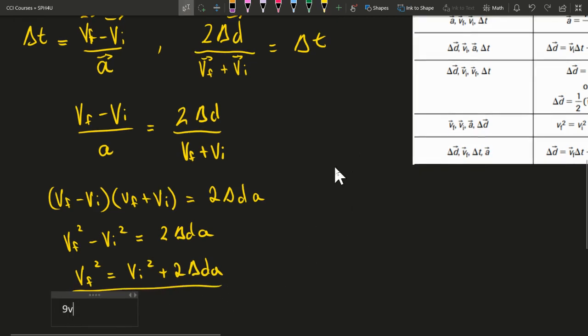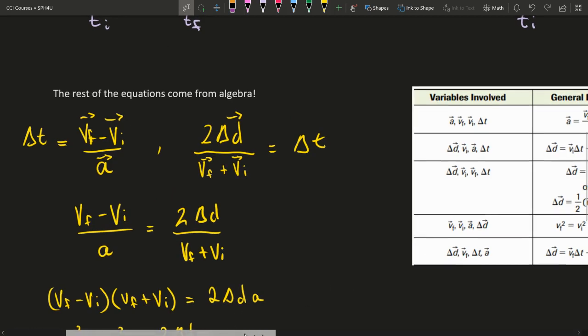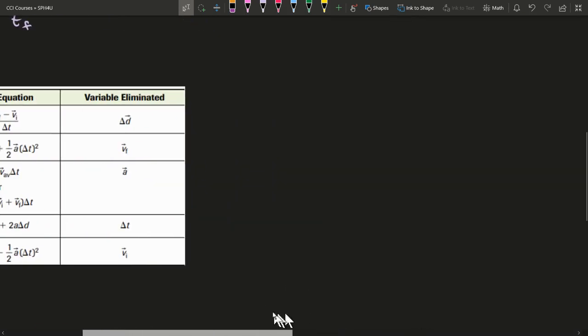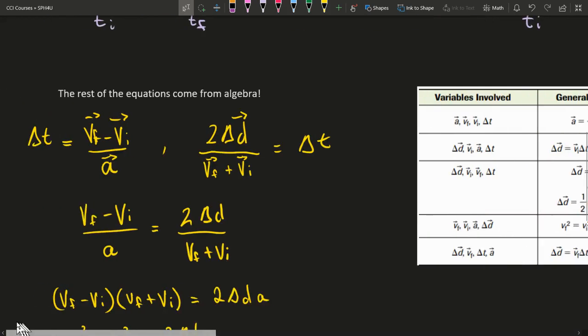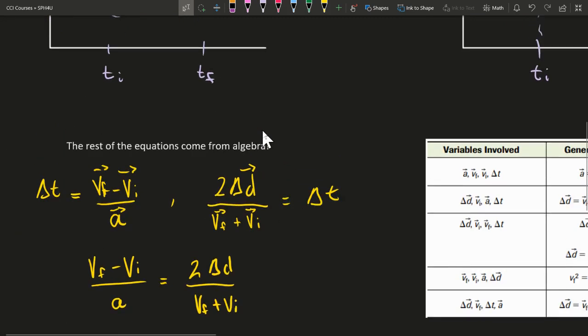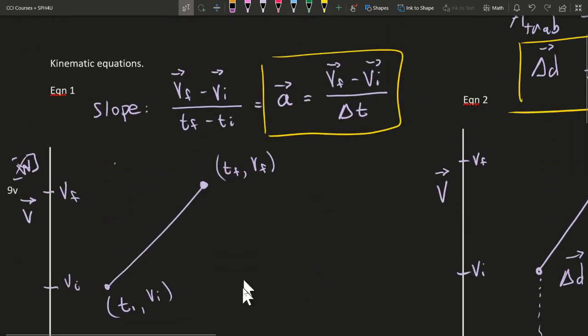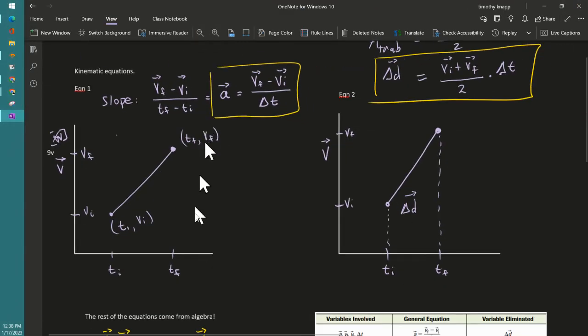And it's going to be over here on this thing over here. Where is it? Oh, there it is. This one. And then if you do that with the other situation, so rather than solving for time, you solve for final velocity in both of these yellow formulas, then you would be able to find another of the kinematic equations.